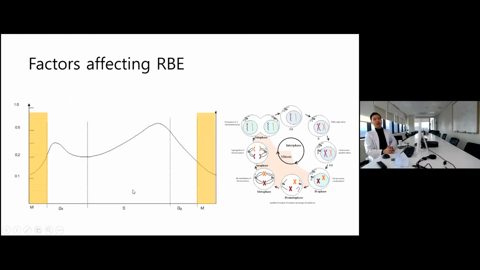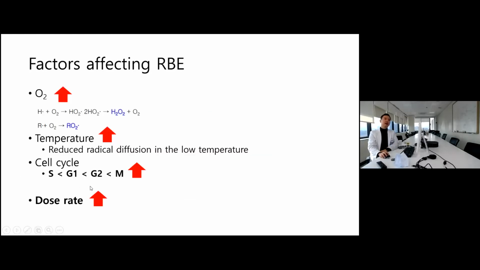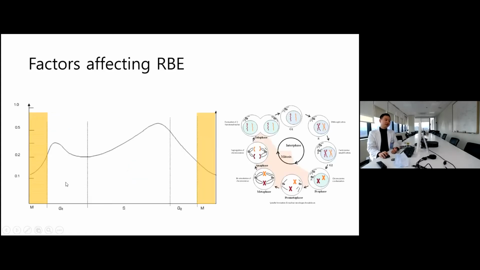So it is known that the M phase is the most sensitive phase for the radiation, compared to the S phase, because resistance is greatest especially in the latter part of the S phase.